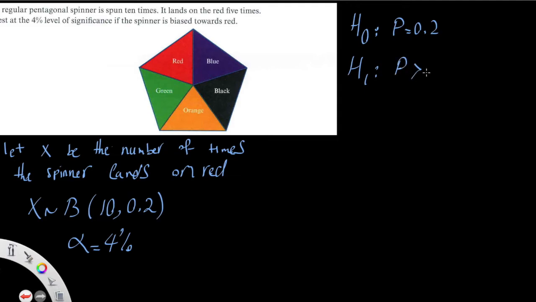So probability is more than 0.2 if it is biased, as it is claimed. Now, here I told you this test always follows this sign. So as it is given in the question, it is 5 times it lands on the red. So probability of X more or equal to 5 must be checked.